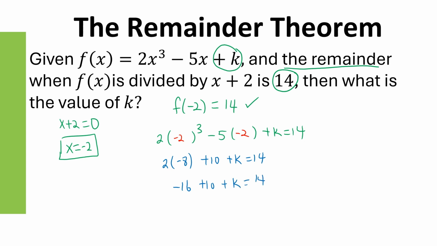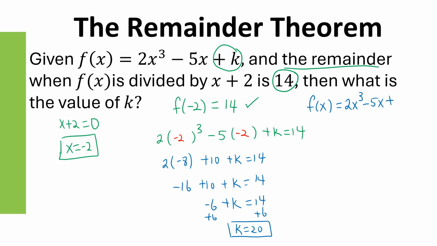Negative 16 plus 10 gives us negative 6, plus k equals 14. Add 6 to both sides, so k is going to be 20. Now I can rewrite my function f of x equals 2x to the third minus 5x plus 20, and when this function is divided by x plus 2, the remainder is 14.